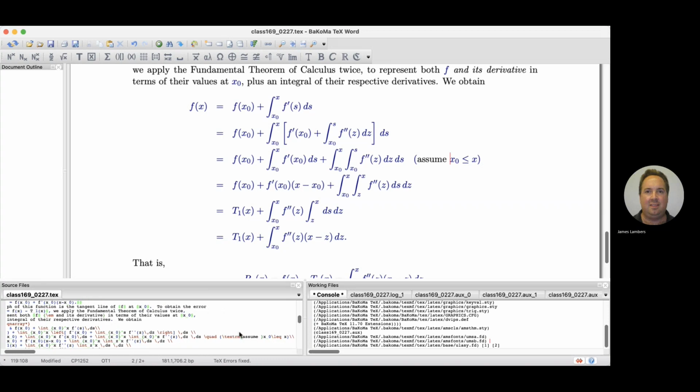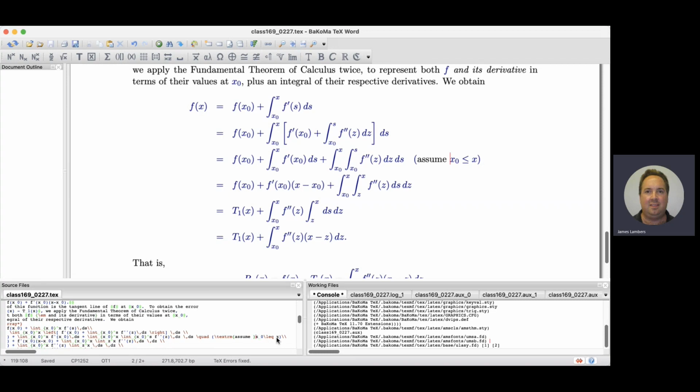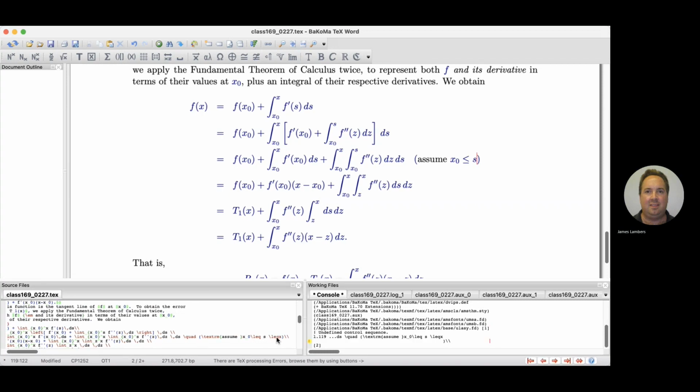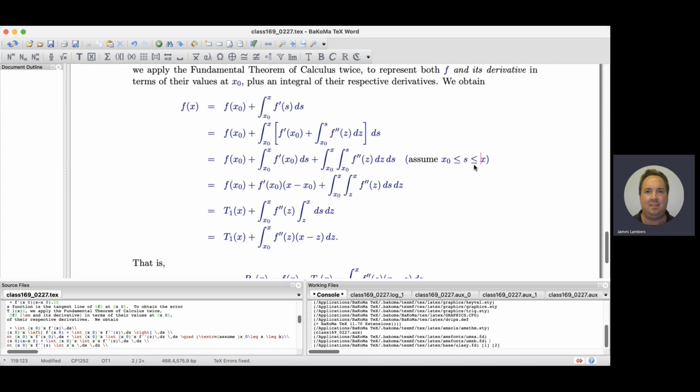All right. But keep in mind, s has to be, because the outer integral is with respect to s, s lies between x naught and x. So that means I have this relationship, that s is also less than or equal to x. Now, z goes between x naught and s.